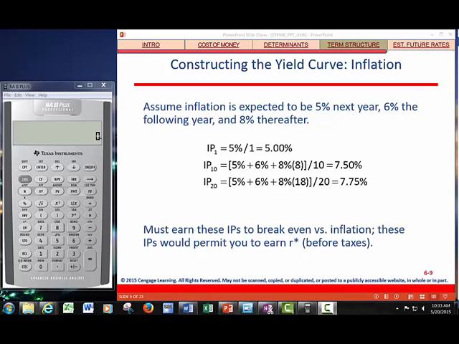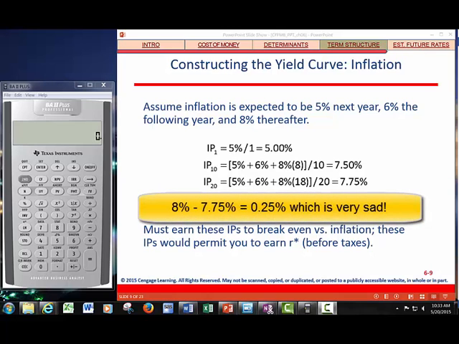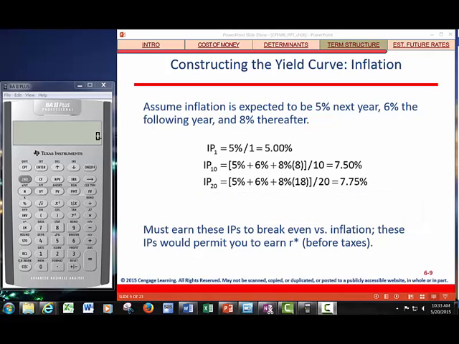So if you only earn 8% over that 20-year time period, then your real purchasing power only increased by 8 minus 7.75, which is equal to 0.25%. And that would be very sad. That's less than my savings account rate. But this is just an example number.